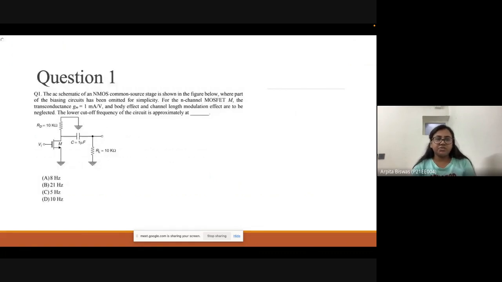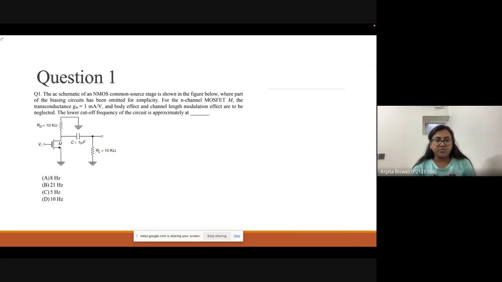So this is question number 1. This AC schematic of an NMOS common source stage is shown in the figure below, where part of the biasing current has been omitted for simplicity. For the N-channel MOSFET M, the transconductance gm is equal to 1 milliamps per volt, and body effect and channel length modulation effect are to be neglected.